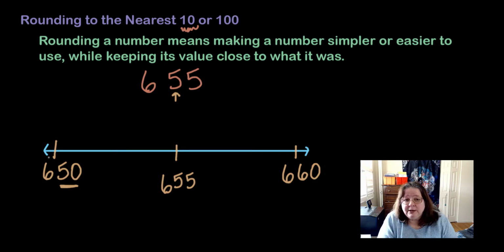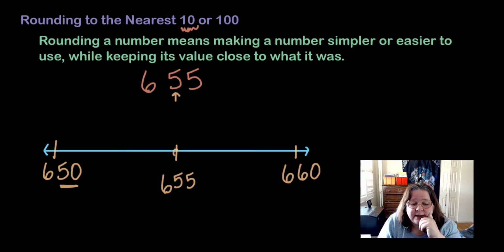Halfway between 0 and 10 is 5. Halfway between 10 and 20 would then be 15. That same pattern works no matter how high our numbers get. Halfway between 650 and 660 would be 655.